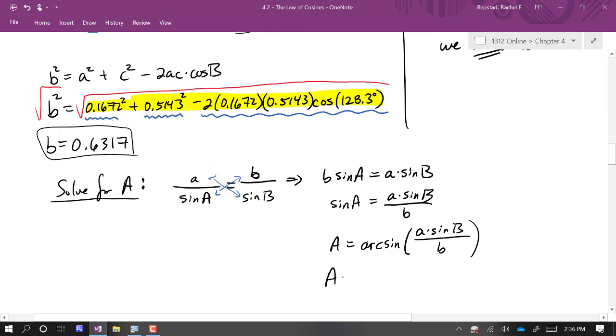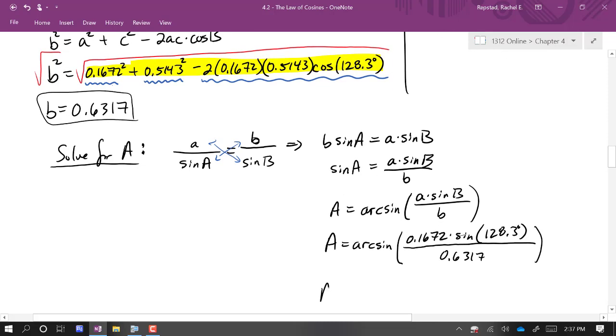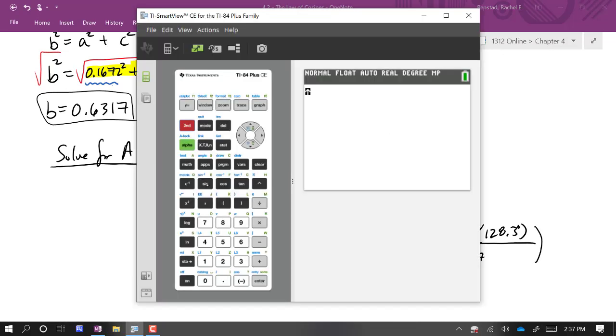Now I'm just going to plug in the values. Side a is 0.1672 times sine of 128.3 degrees divided by side b, which is 0.6317. And I'm going to plug it into the calculator like that.